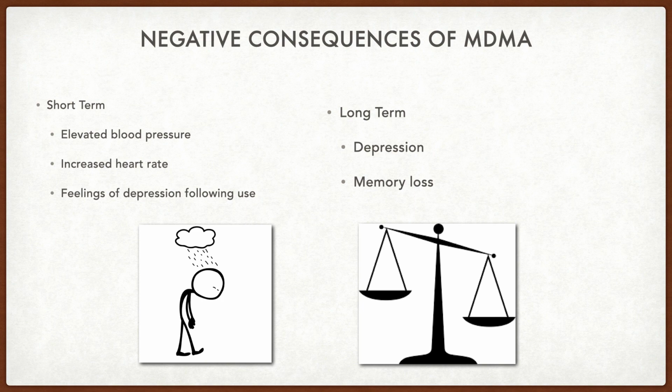Looking long term, we see that depression is another ailment that can affect users, in that continual use of MDMA causes the degradation of the transport proteins, which would reduce overall uptake of serotonin. And another long-term problem with taking MDMA is memory loss.